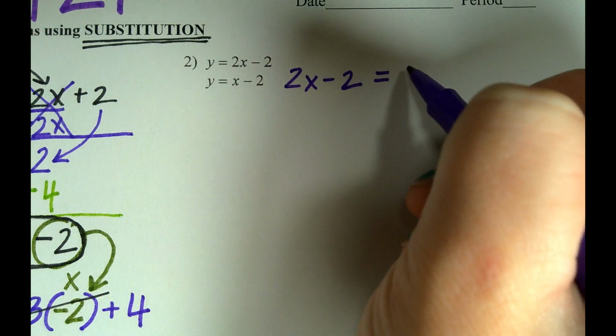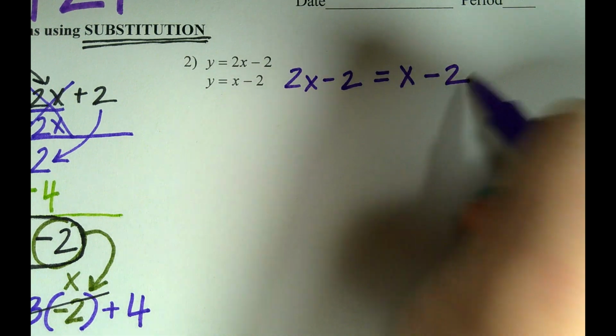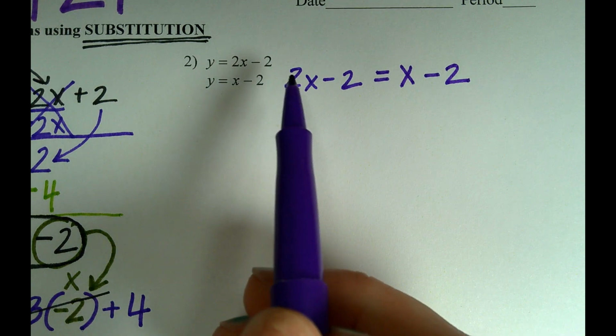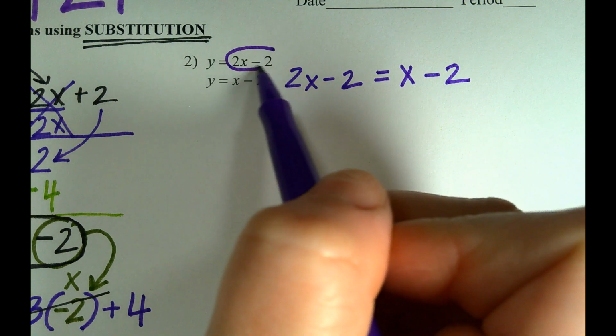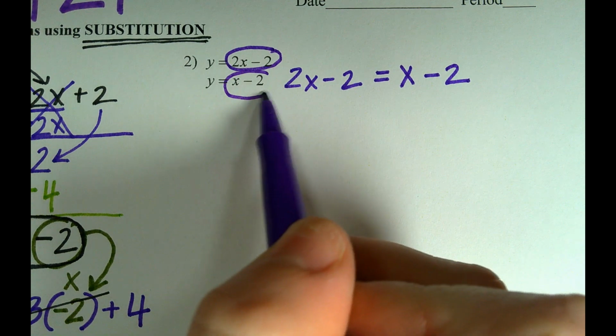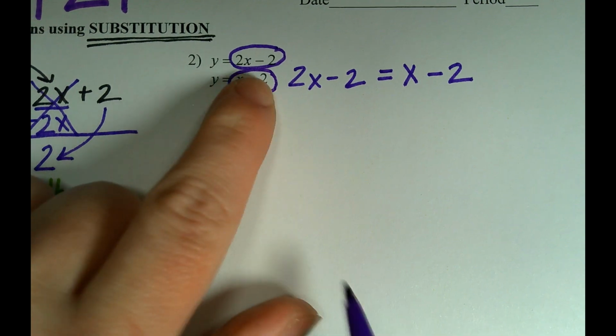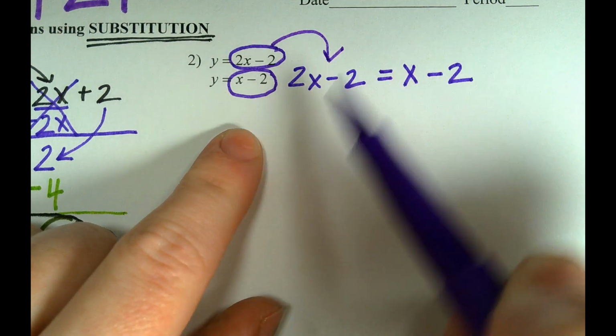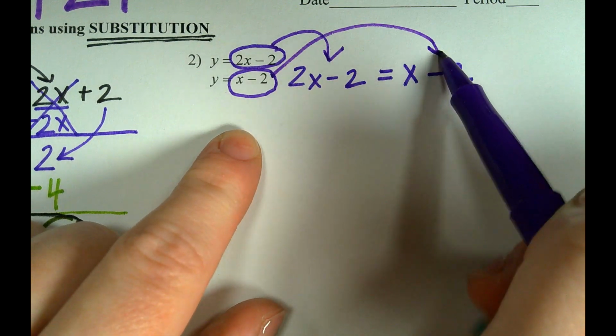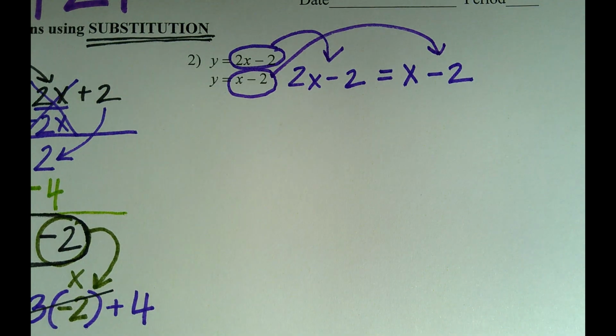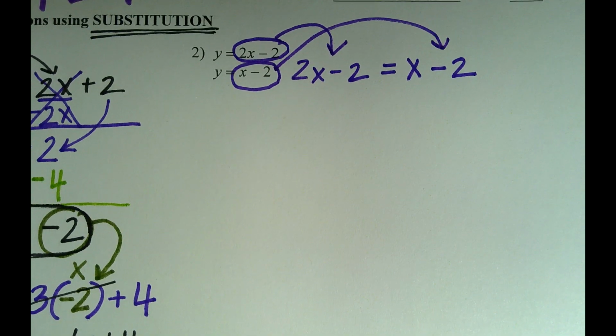So all we did is take the second half of each equation and we set them beside each other with an equal sign in between. That's all we did.